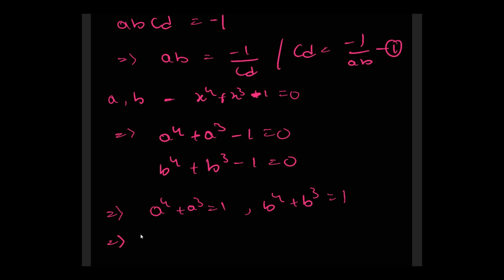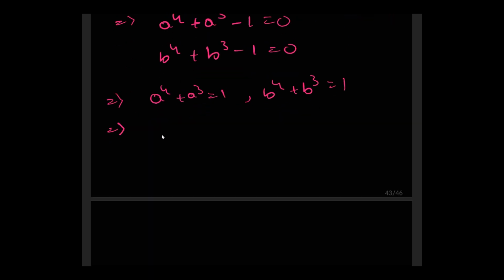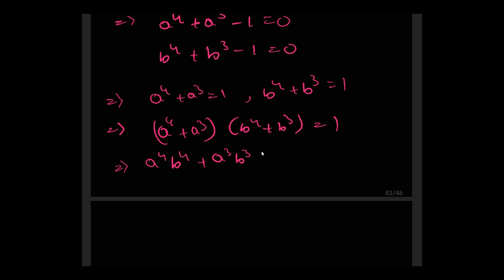Now we want a into b, so multiply these two equations. We get a power 4 plus a cube into b power 4 plus b cube as 1. Simplify this: we get a power 4 b power 4 plus a cube b cube into a plus b plus 1 equals 1.